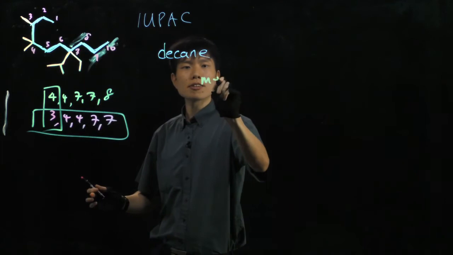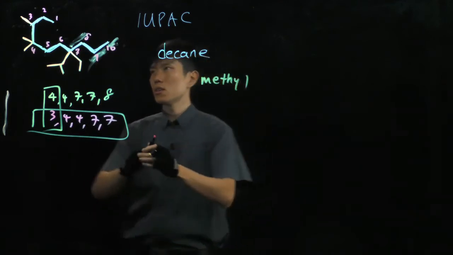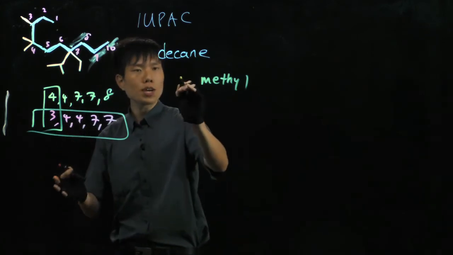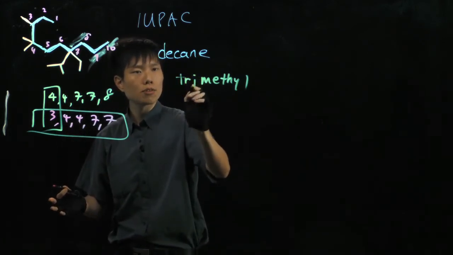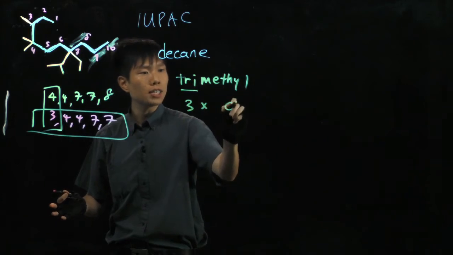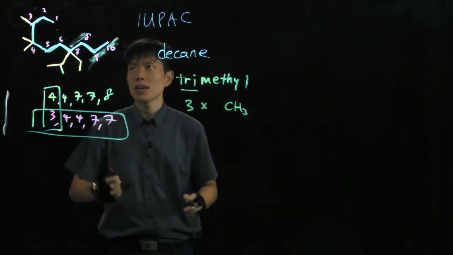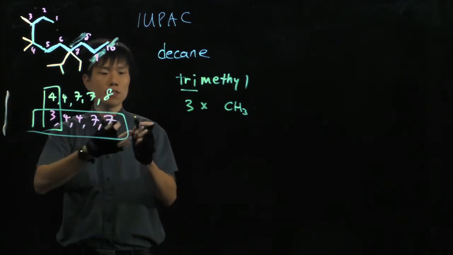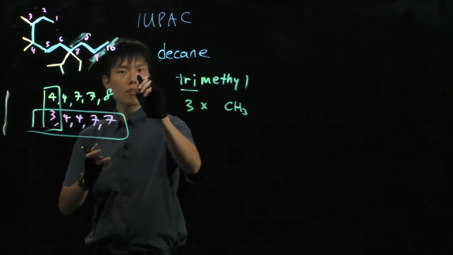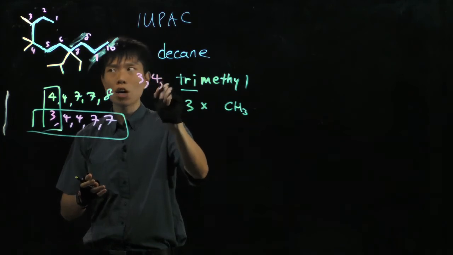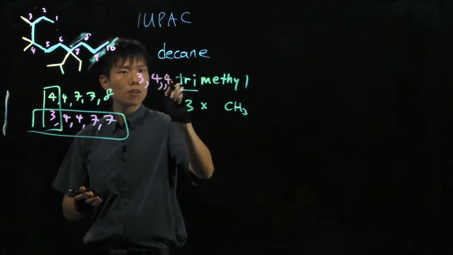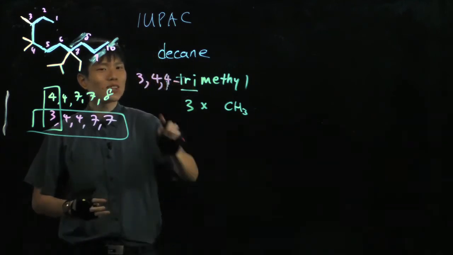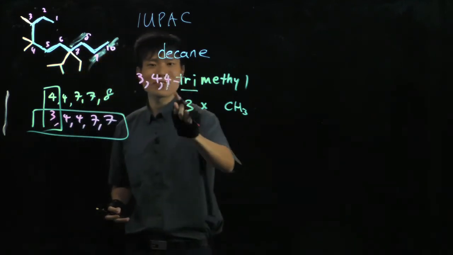So methyl, how many of them? 1, 2, 3. 3 of them, so in total we have a trimethyl. 3 times a CH3 group. And where are they? At the third carbon, the fourth, and the fourth. So the labeling will be 3, 4, 4, hyphen, okay? 3,4,4-trimethyl.